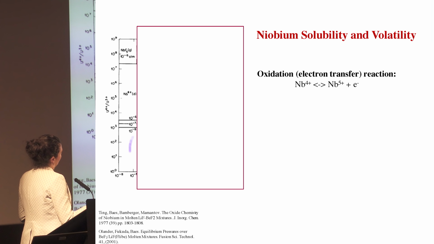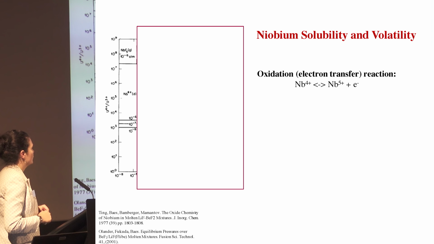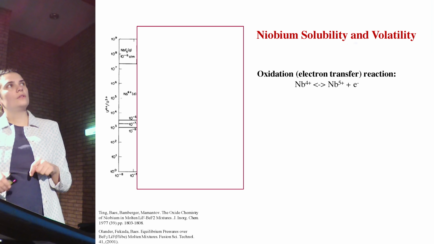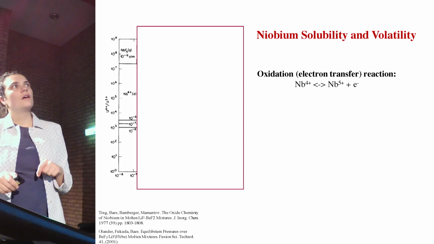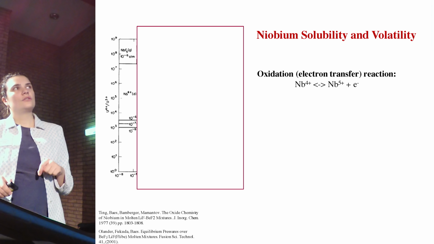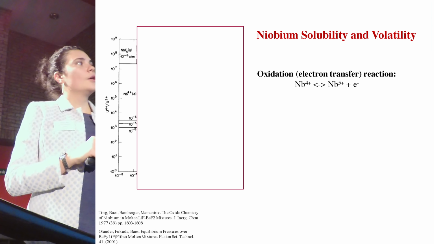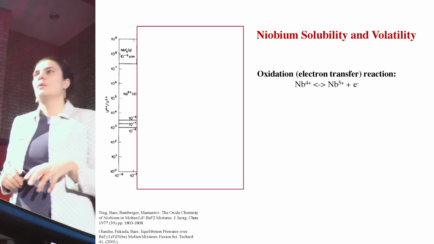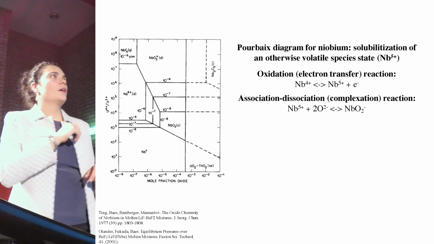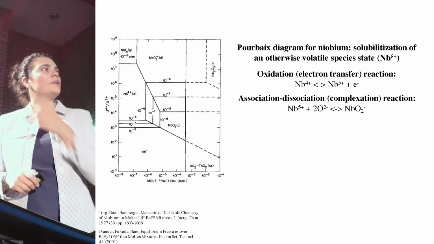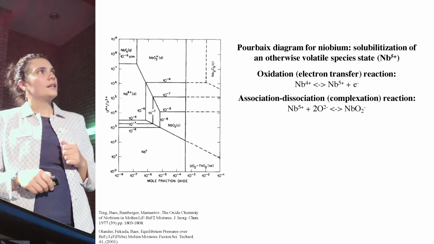However, you'll notice that I covered some information here. So far, all we know is thermodynamic data about oxidation and reduction reactions, so electron transfer reactions. But we don't know information about complexation. And so here's an example of complexation with oxides.